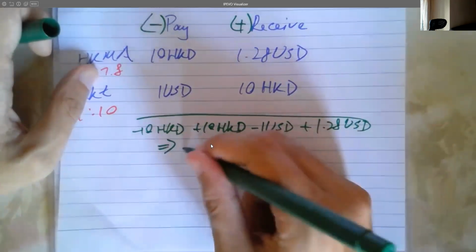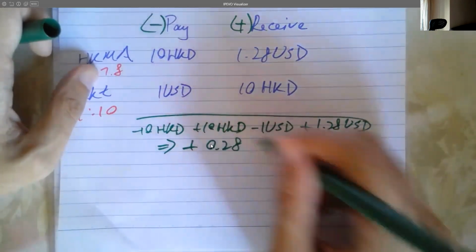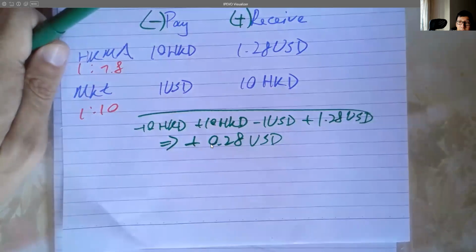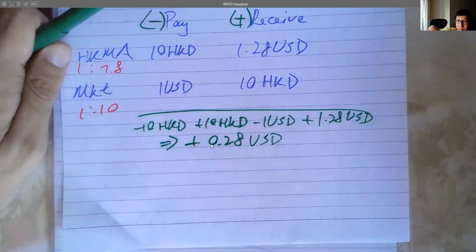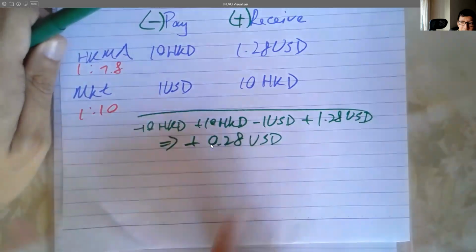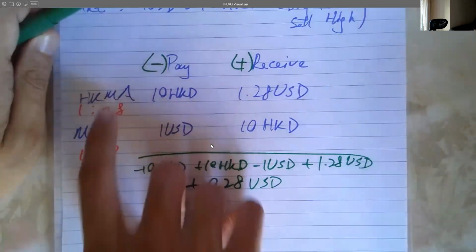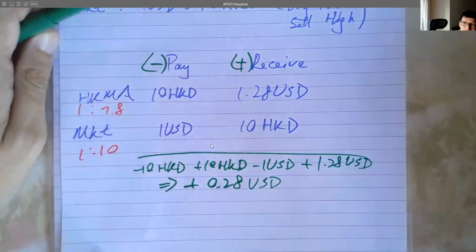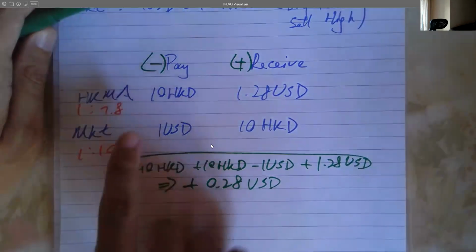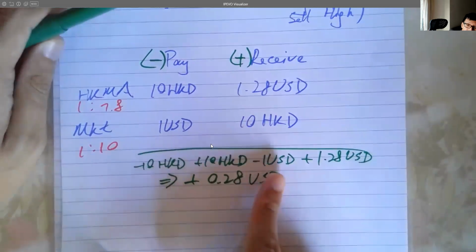In total, we earned 0.28 USD. So you see this, right? When there is a difference between the two rates, the fixed one and the floating one, banks will do this action to earn profit.